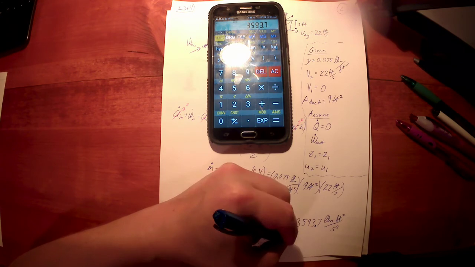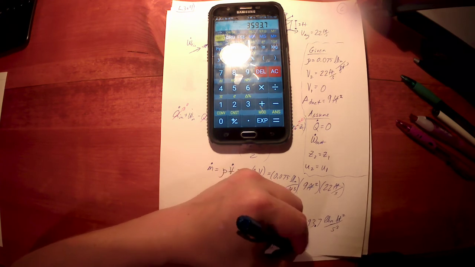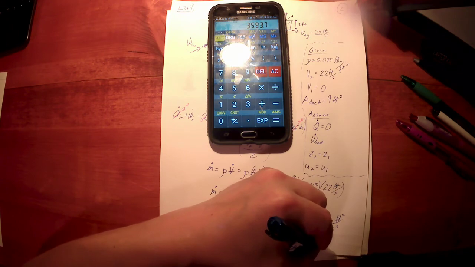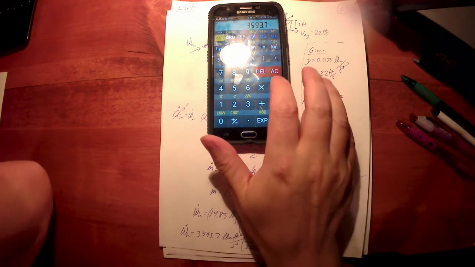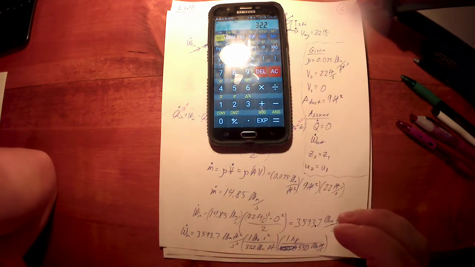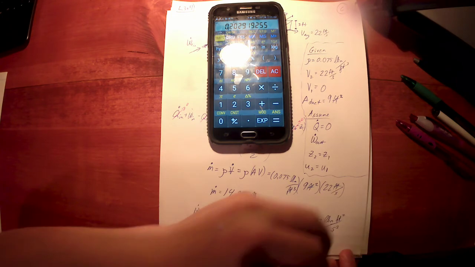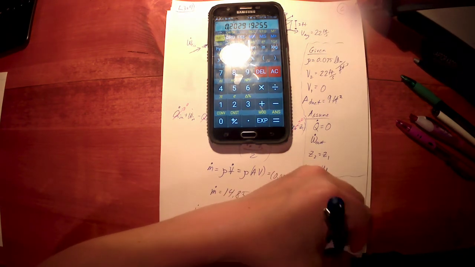If you look up, you will probably find 1 horsepower for every 550 pound force feet per second, foot-pounds per second. So if you divide this by 32.2 and divide this by 550, you should get about 0.21 horsepower.